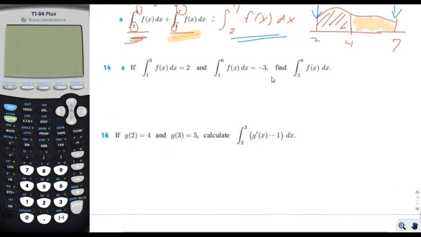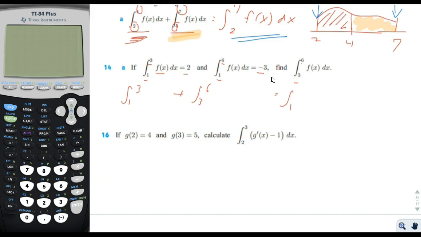Okay, number 14. If the integral from 1 to 3 is 2, and the integral from 1 to 6 is -3, find the integral from 3 to 6. Okay, so basically, if we have the integral from 1 to 3, and we add it to the integral from 3 to 6, just using the property that we just showed, that's the same thing as having the integral from 1 through 6, right?